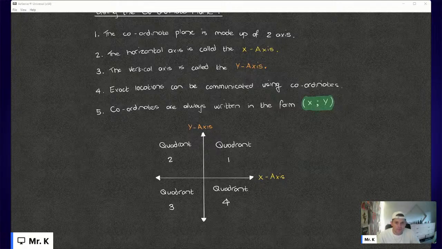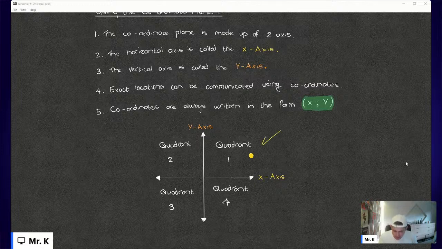All right. But what we're going to go and do now is basically discuss how do we accurately define where we are on this coordinate plane? If I were to take a yellow dot and put it right over here, how do I describe exactly where that dot is? While I could say, yes, that dot is in quadrant one, that's not really specific enough.